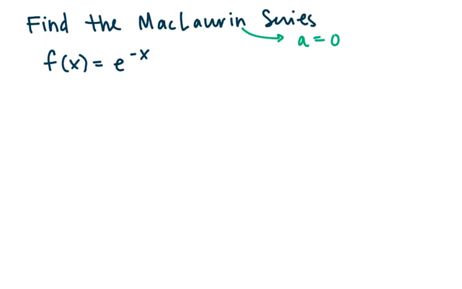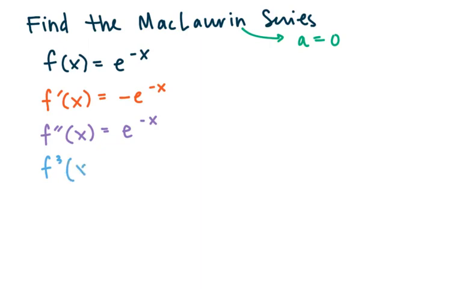So I'll start off by listing a few derivatives. F prime of x is negative e to the negative x. Taking the derivative of that, f double prime of x, that would be positive e to the negative x. And we already see here that it starts to have a circular pattern.